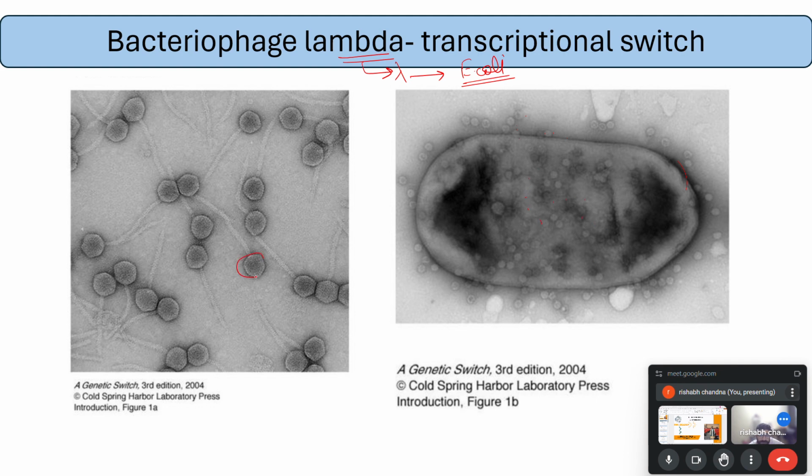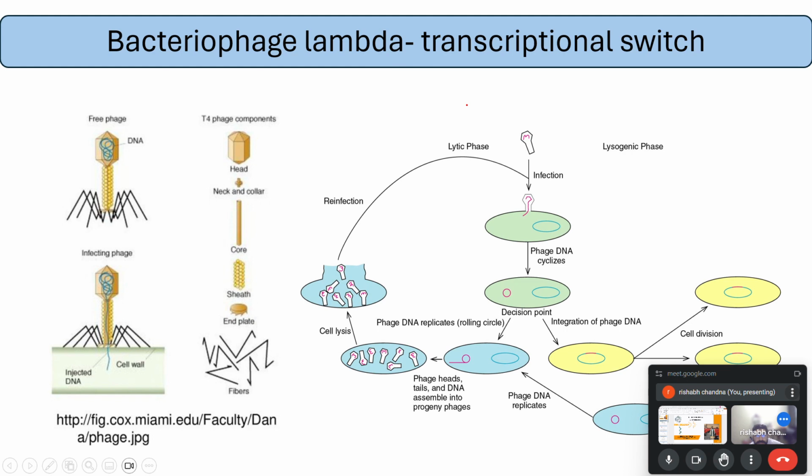Okay, so this is a single bacteriophage. So this is the head, this is the tail, and in the next slide we'll see how it will end. Okay, so it basically infects the E. coli bacteria, and this is a free phage.